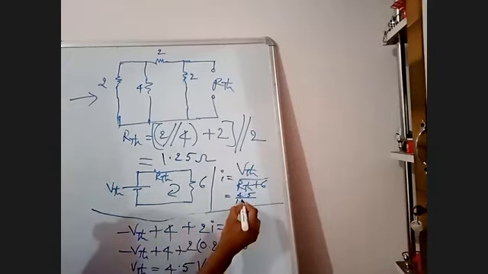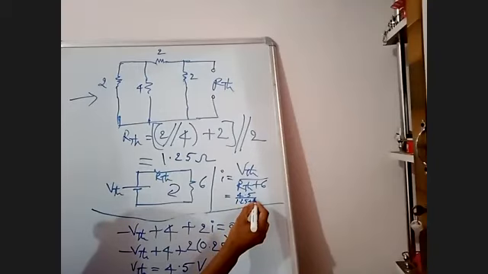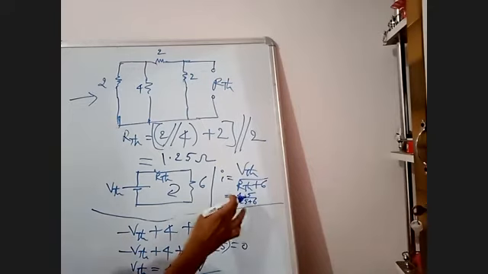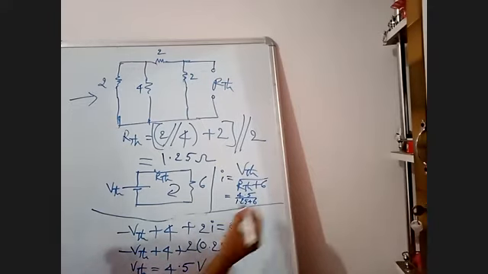RTH is 1.25 plus 6. That is 4.5 by 7.25. 0 point something we will get.